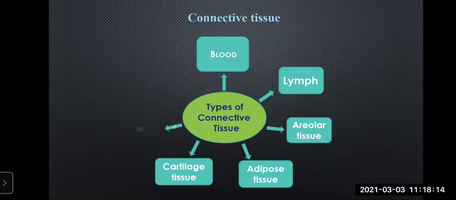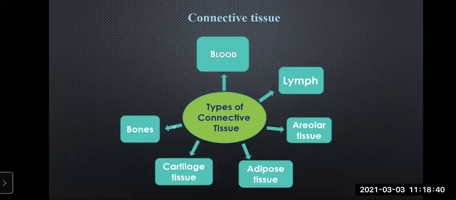Next is bones. Now we all know our entire body contains bone, from the head to the tip of our toes, fingers, everywhere bone is present. Our entire skeleton is made up of bone. When we talk about its composition, the bone has a matrix that is made up of calcium and phosphate.